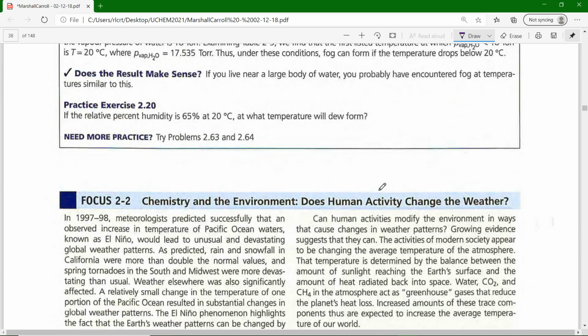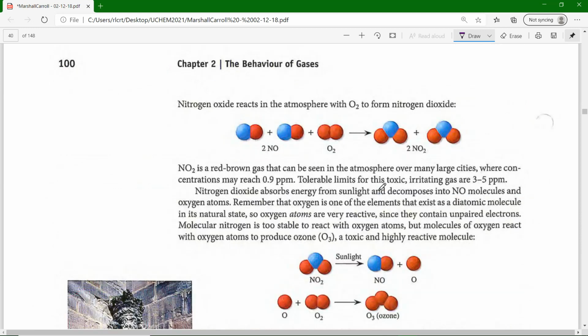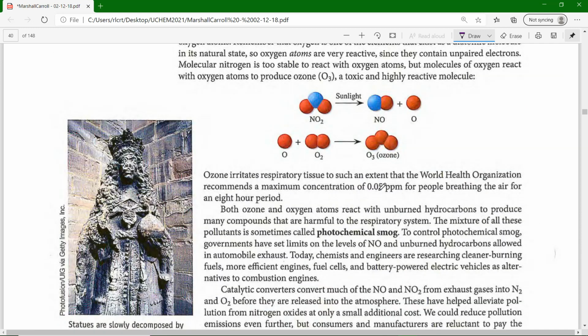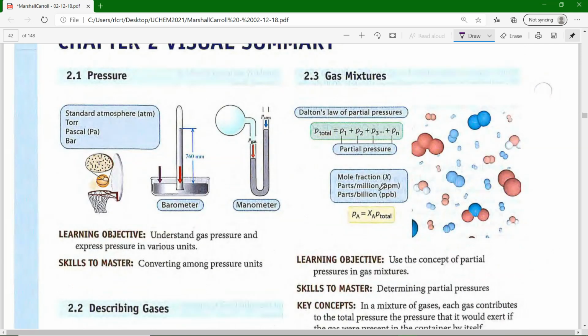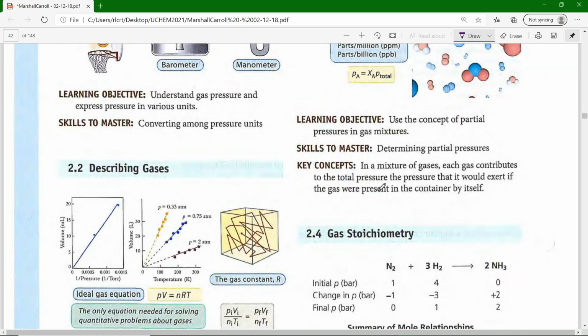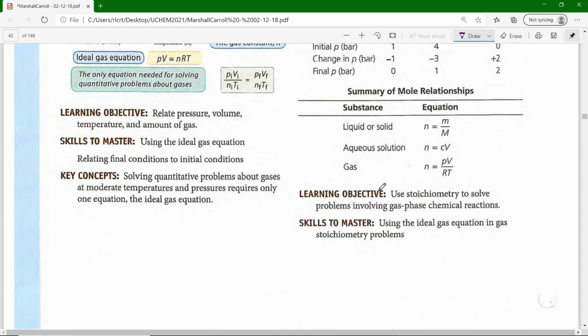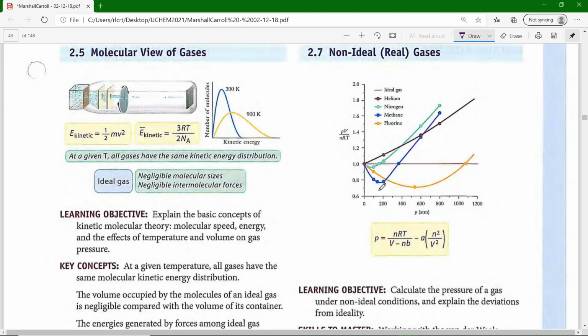Chemistry of the Earth's atmosphere, I don't care about. Well, I care about it, but it's not in the test. Here's your visual summary for the chapter. So we see the different parts, and it's always good to have those there. You see the equations summarized.